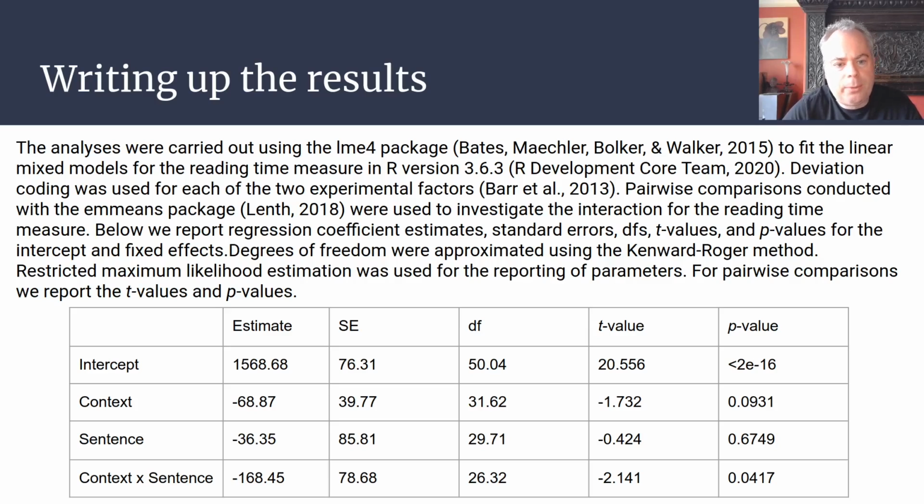And we'd write up the results something like this. So it's really important to remember when you're writing up the results of any analysis in R that you provide sufficient information to allow a reader to fully reproduce your results.